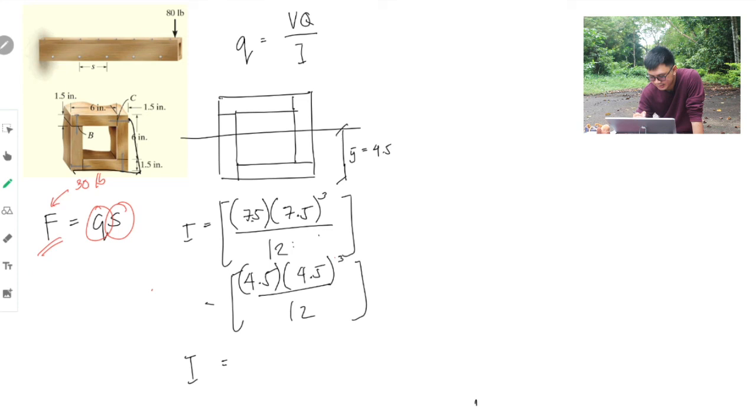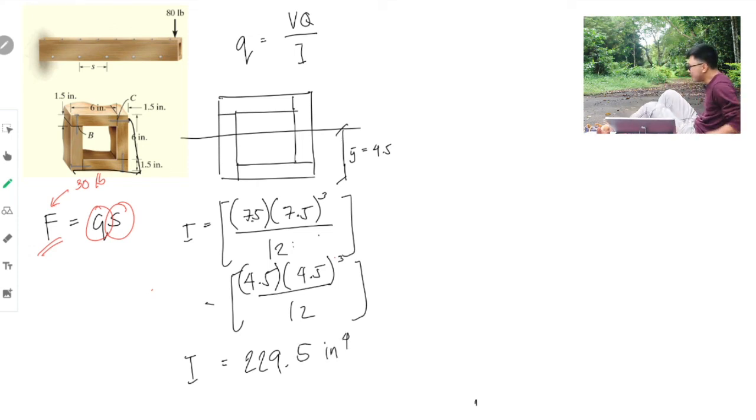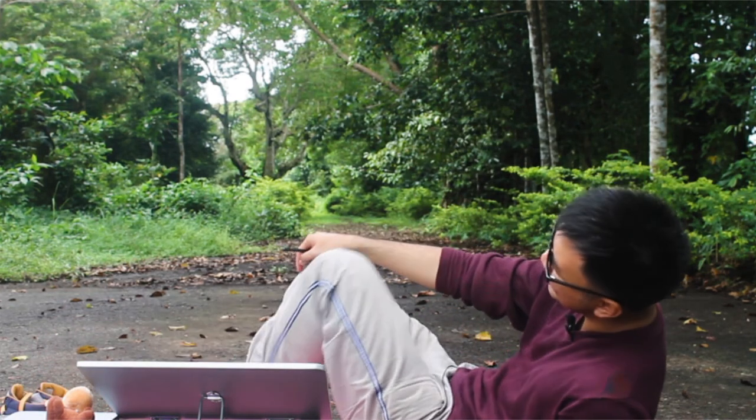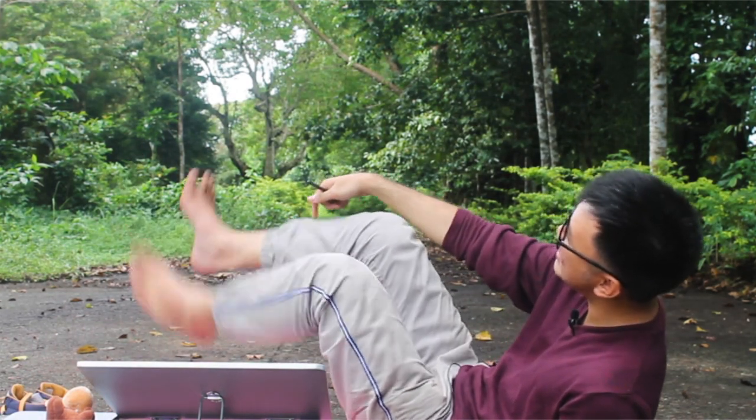And then you will get that your I is equal to 229.5 inches to the fourth power. Okay. So, here on Q.